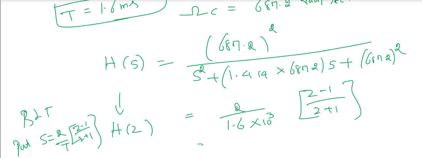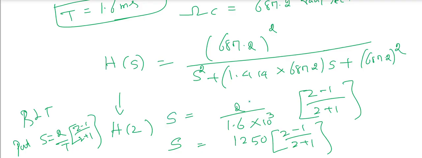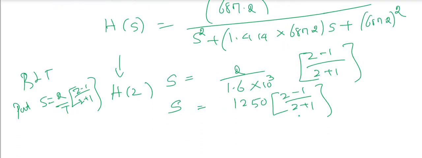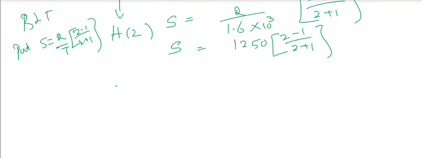Computing this value, you get s equal to 1250 of z minus 1 by z plus 1. Put s equal to 2 by T, compute and substitute this value into H of z.